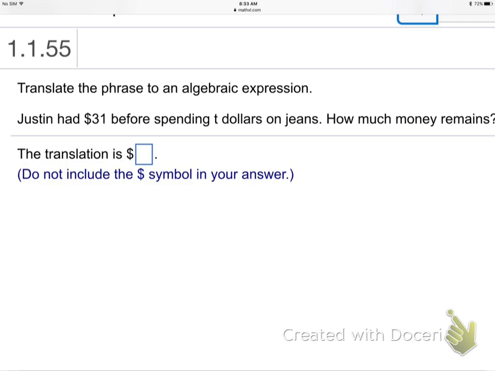Okay, Justin had $31 before spending T dollars, that's a T, on jeans. How much money remains? Let me give you a second. I want you to write a math expression for that.